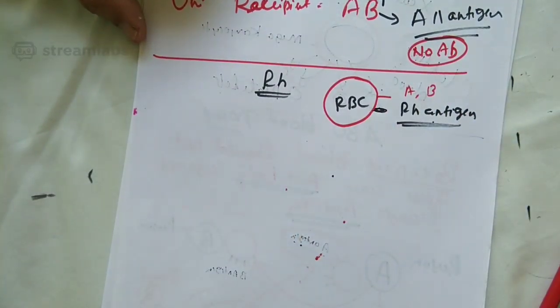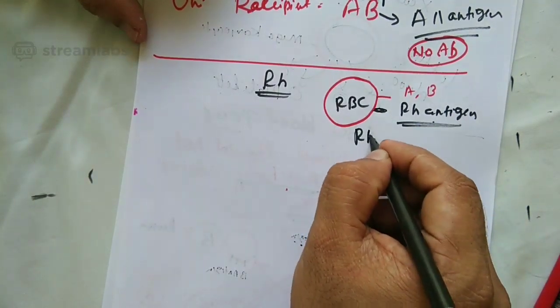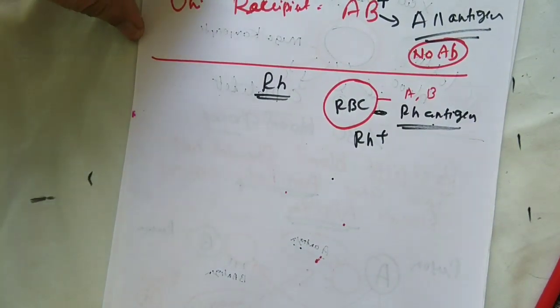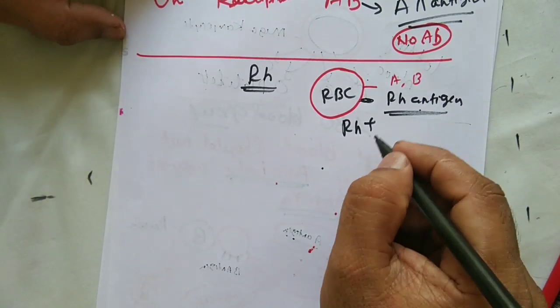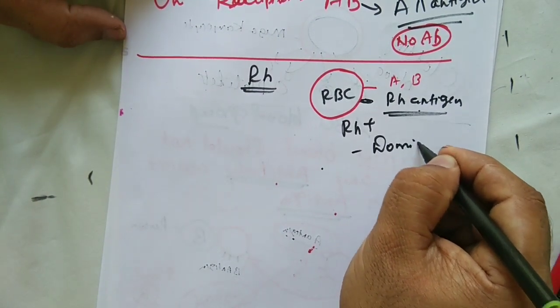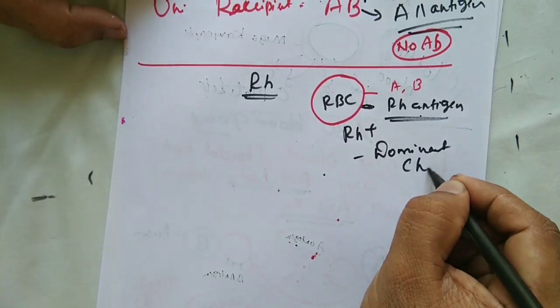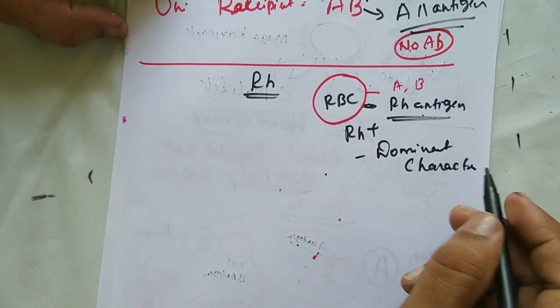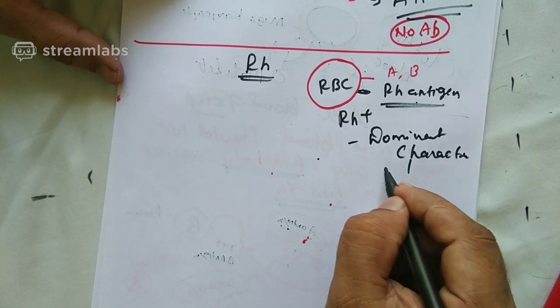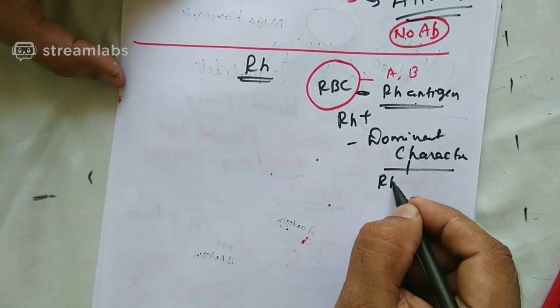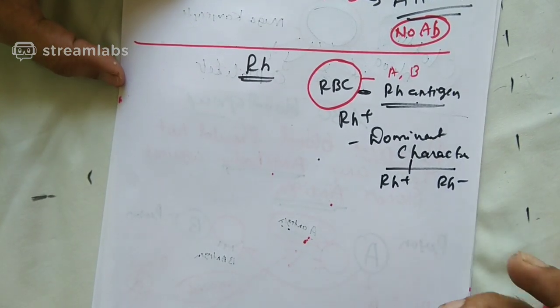If an Rh antigen is present on the RBC, then he will be called Rh positive. In the world, most people are Rh positive. The reason is it's a dominant character. Clear? And what are the two traits of this character? Rh positive and Rh negative.